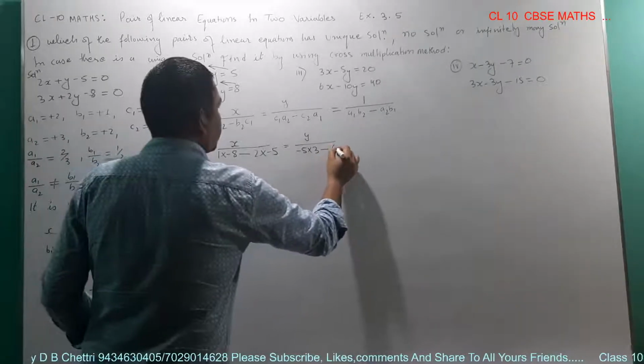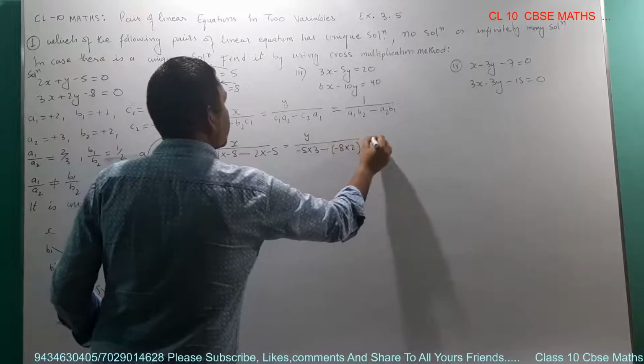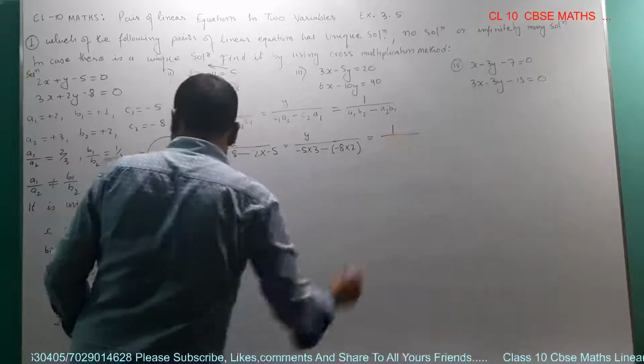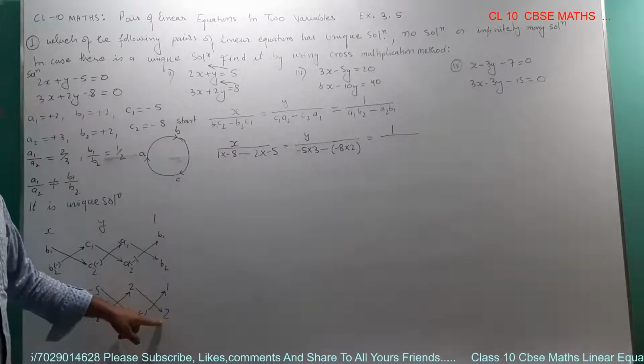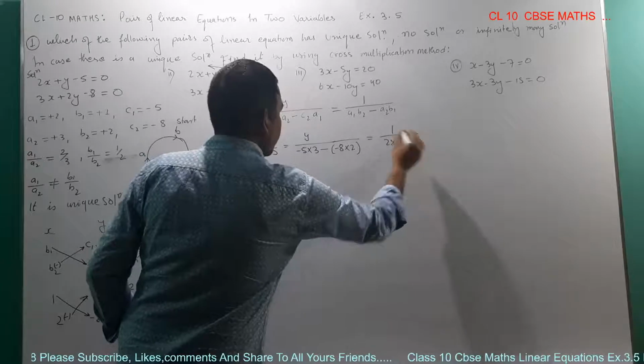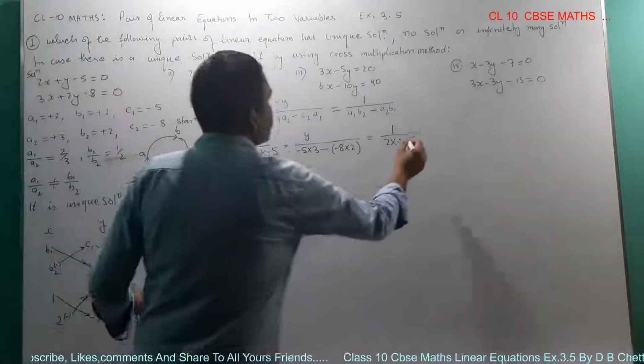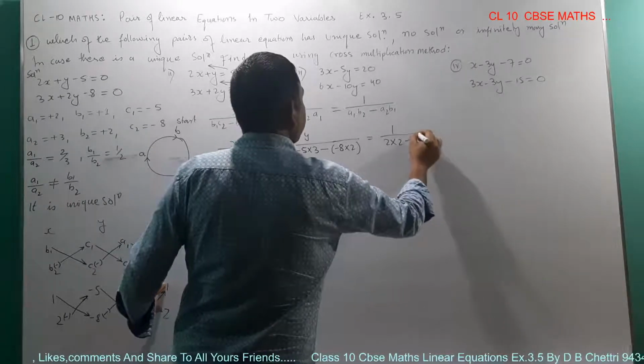Then 2 multiply 2, then put minus sign, then 3 multiply 1.